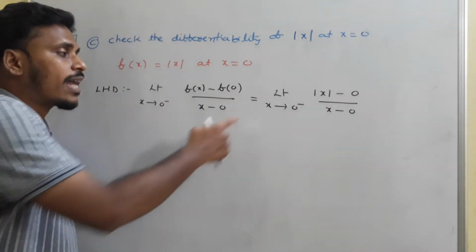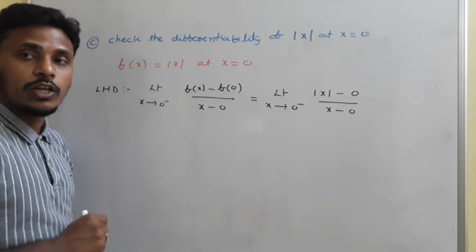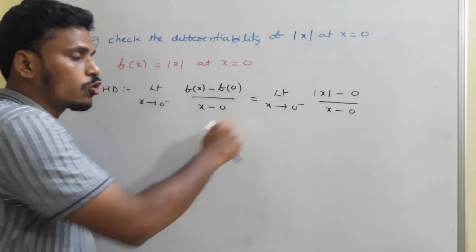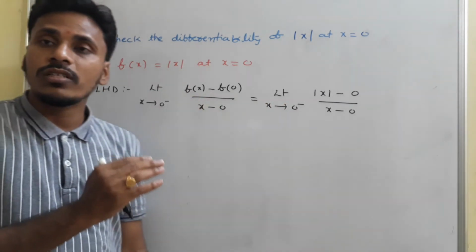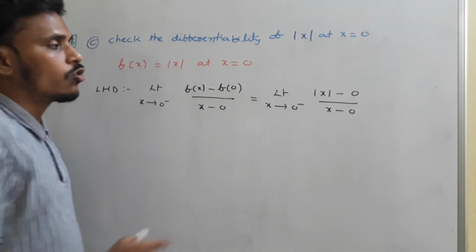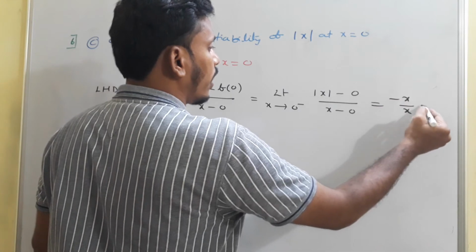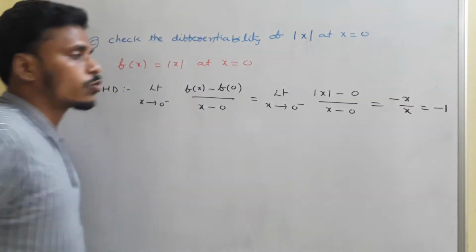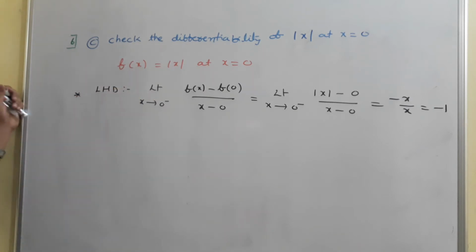As x is tending to 0 minus, x is less than 0, negative. Since x is negative, modulus of x is minus x. So this equals minus x by x, which equals minus 1. So finally, the left hand derivative is minus 1.